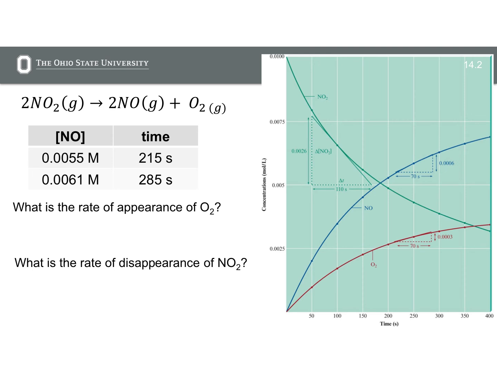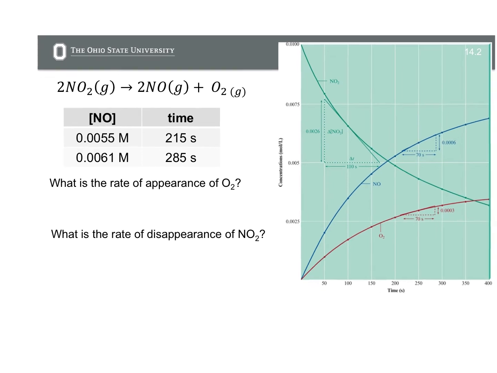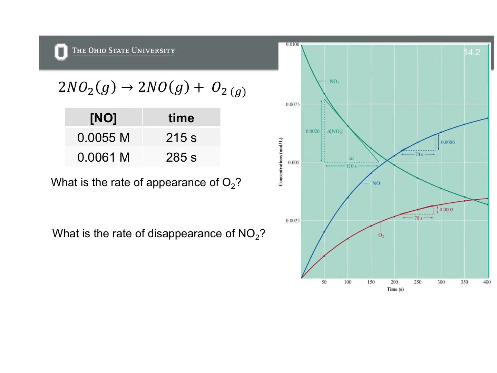Let's do another one real quick. I think this is basically the last one; we have some summaries after this, but this is going to get us to the end of section 14.2. Here we have a reaction of NO2 gas forming 2NO and O2. We are given the concentration of NO at 2 different times.